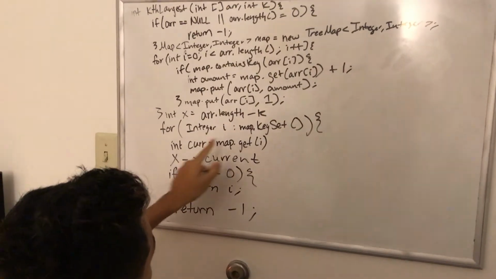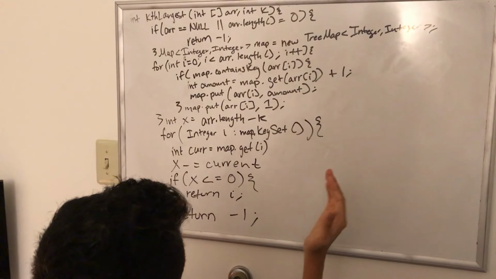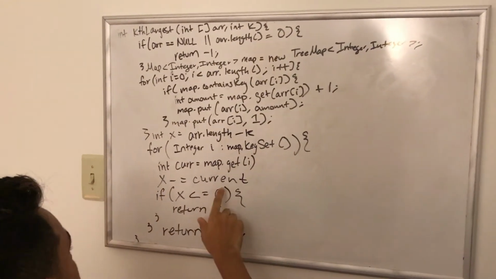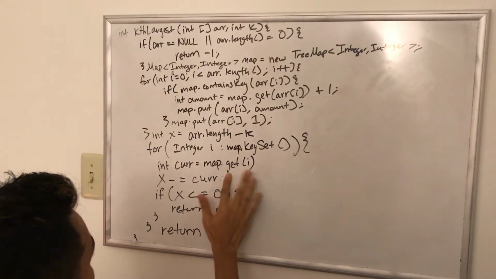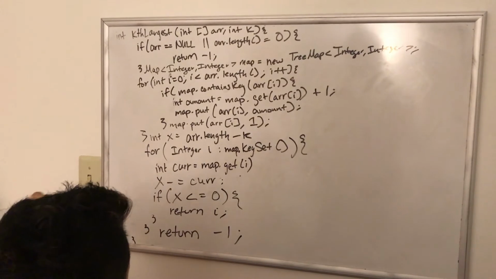So you loop through the keys of that, find the current value, and start from the very back, find the current value, subtract out the number of occurrences, so x minus current. This would be cur, and that should push you back at 2.